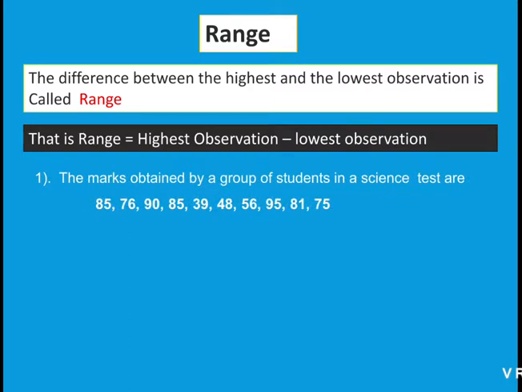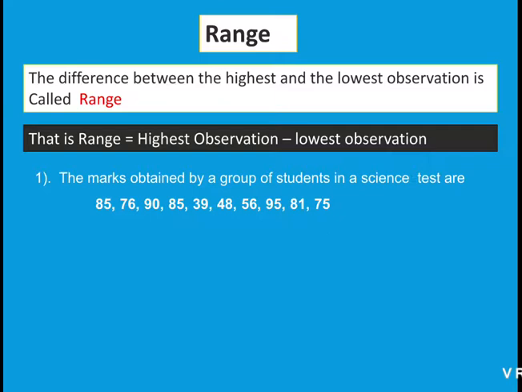Start with a question. The marks obtained by a group of students in a science test are 85, 76, 90, 85, 39, 48, 56, 95, 81 and 75. Total how many marks here? 10 marks, 10 students' marks.